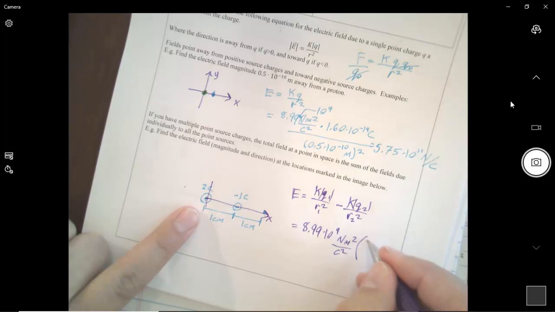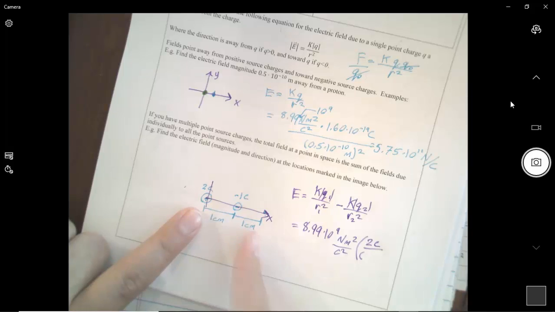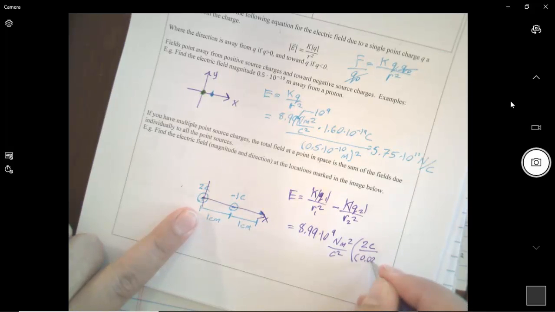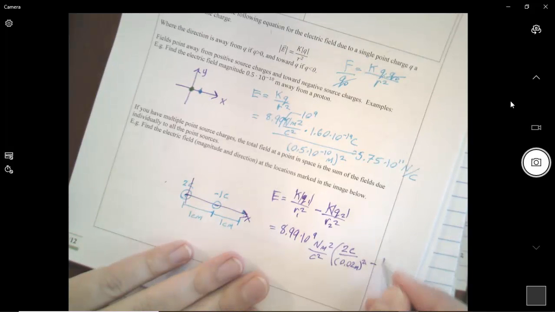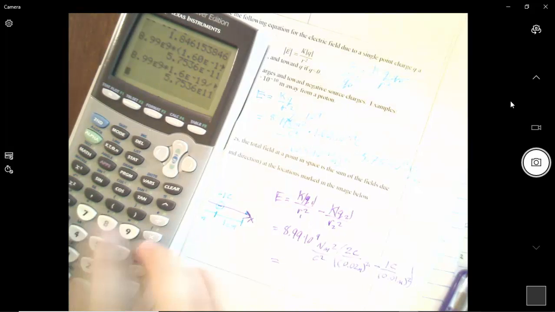times 2 coulombs over, this distance is 0.02 meters squared, and then we're going to subtract 1 coulomb over 0.01 meters squared. And the overall result is 8.99 e to the 9 times 2 over 0.02 squared minus 1 over 0.01 squared.